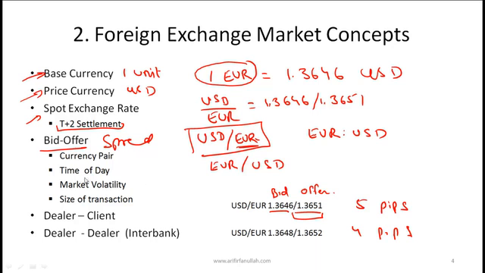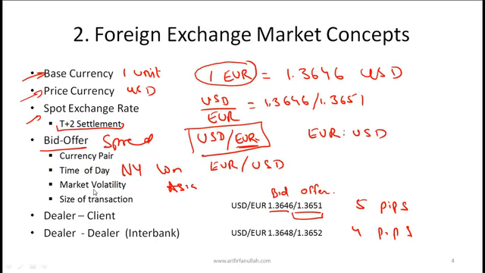Time of day, what this means is that if the major FX markets are open, then the spread tends to be relatively low. So the major markets are New York, London, and Asia. So this being the Japan, Korea part of Asia. Now when all these markets, or when at least two of these markets are open, then the spread is lower.